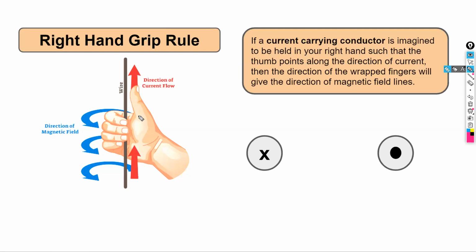And the magnetic field is always rotating from the back of your hand, your knuckles, all the way around your fingers. So anytime that you use this rule, you can figure out the direction of the magnetic field, like how it's rotating.